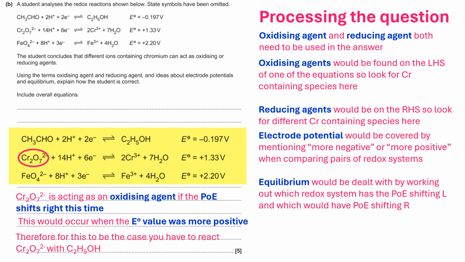So you have to react Cr2O7 2- with C2H5OH. Now you've come across, hopefully, dichromate in acidified conditions being used as an oxidizing agent with alcohols, and obviously C2H5OH is an alcohol. So this connects in a way with another part of the A-level syllabus, doesn't it?